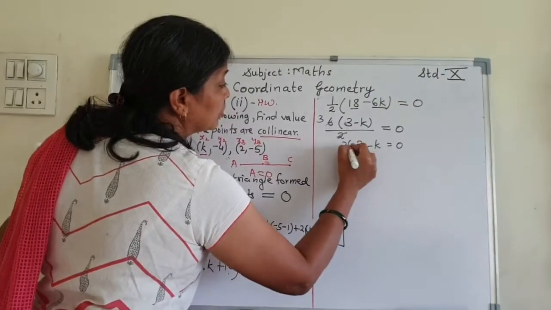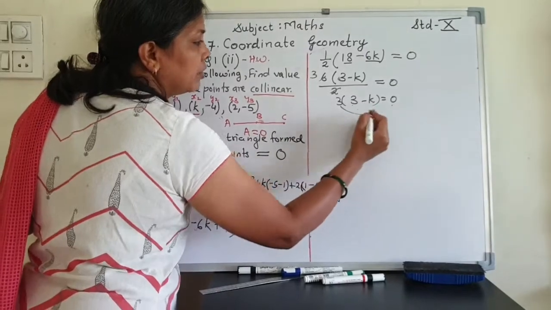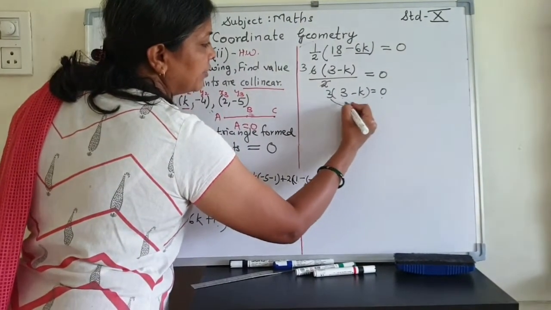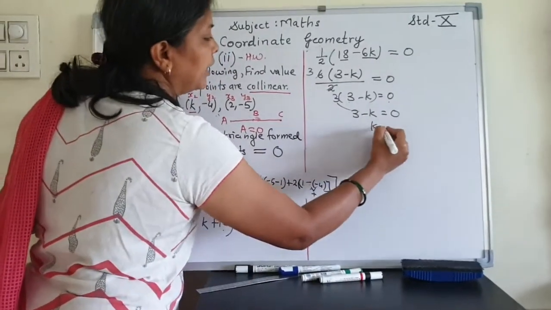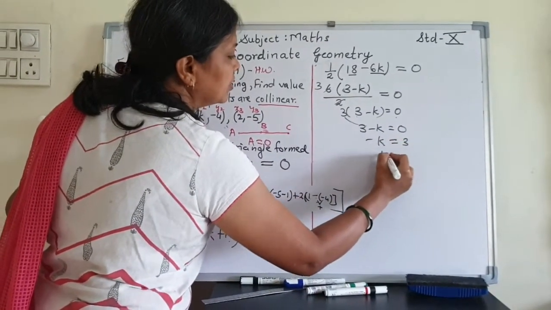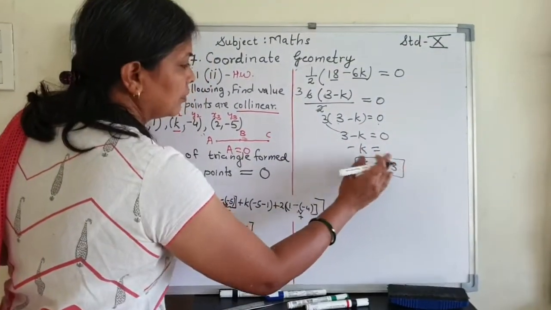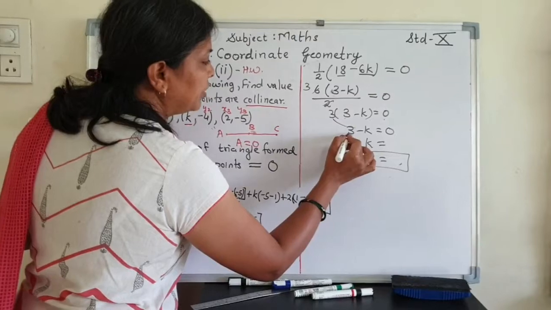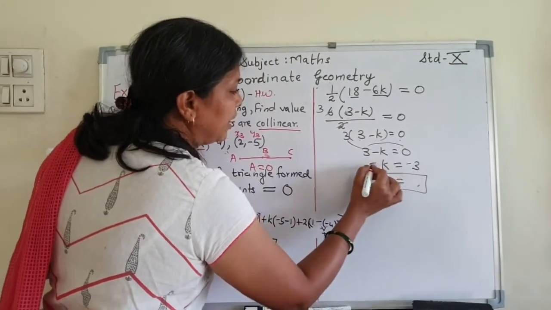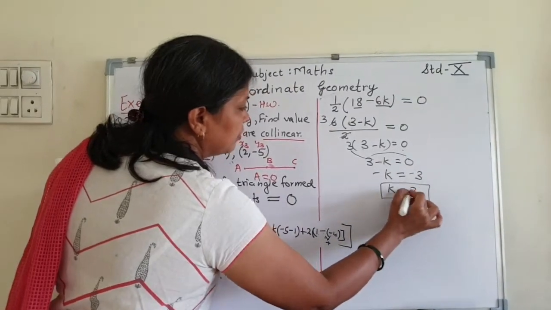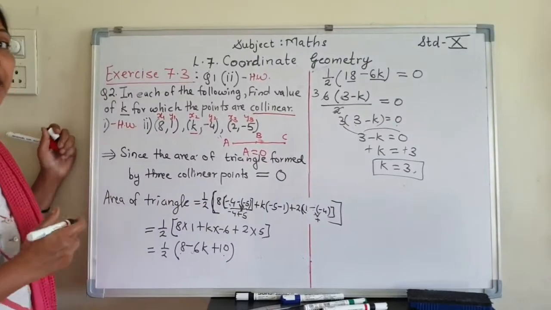Now 3 goes here, so it is divided. And then minus k is minus 3, so k is minus 3? When we transpose this 3 to this side, it becomes minus 3. So minus 3 and minus k, the minus sign gets cancelled. So k is equal to 3. Write this down.